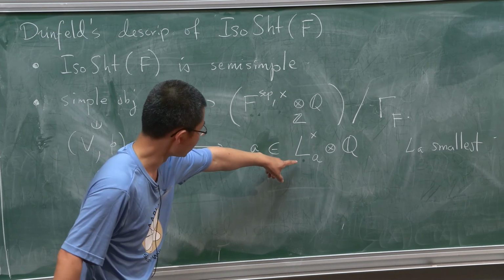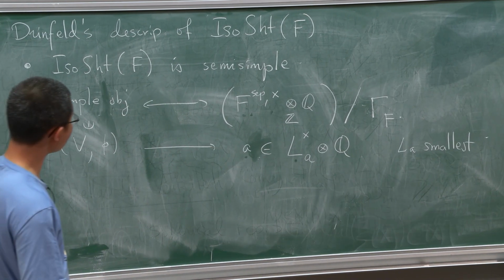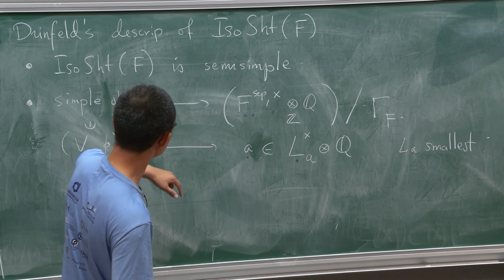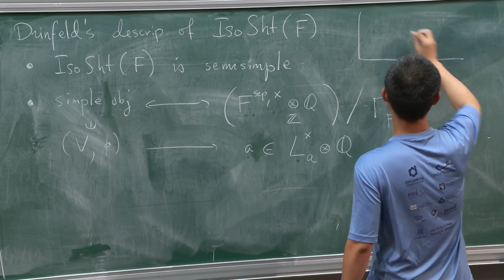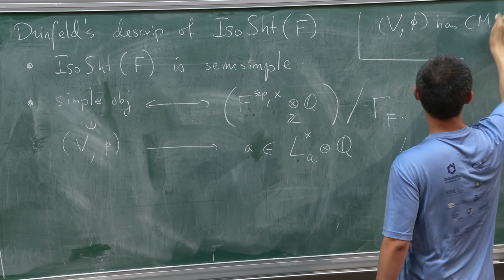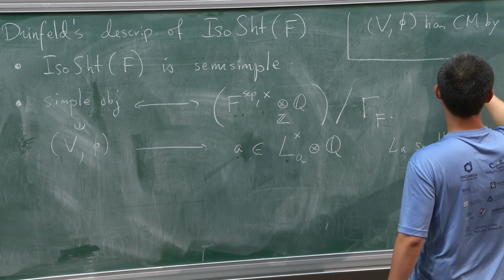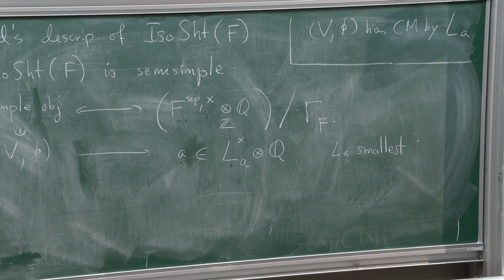So this field is the analog of a field of complex multiplication on geometric objects. So you can think of this (V, phi) has CM by L_A. So it has more symmetry than what's obvious from the definition.